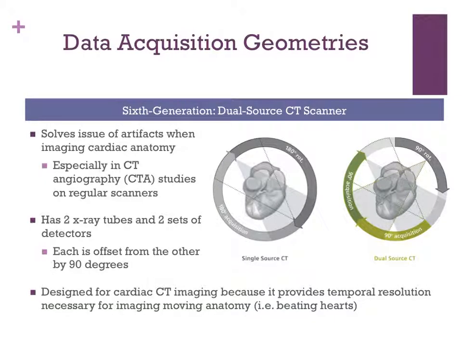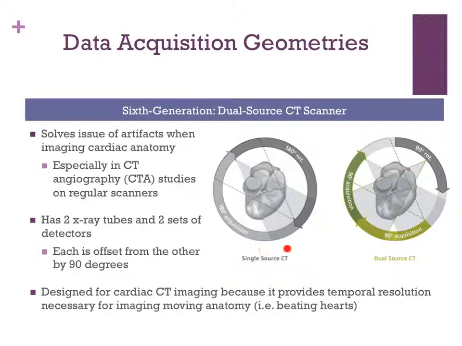6th generation scanners are also known as dual source CT scanners, and they solve the issue of artifacts when imaging cardiac anatomy. This is especially in regards to CT angiography, which are known as CTA studies on regular scanners. It has 2 X-ray tubes and 2 sets of detectors, and each is offset from the other by 90 degrees.